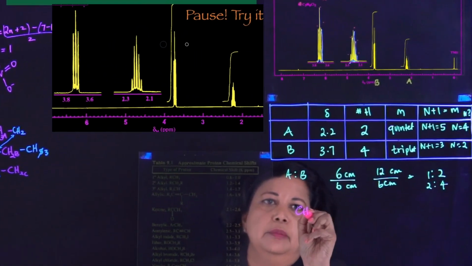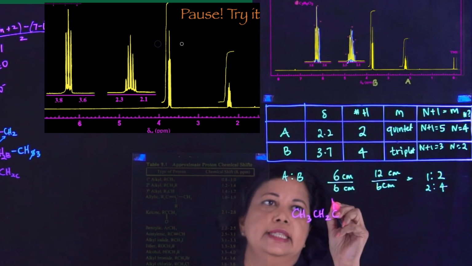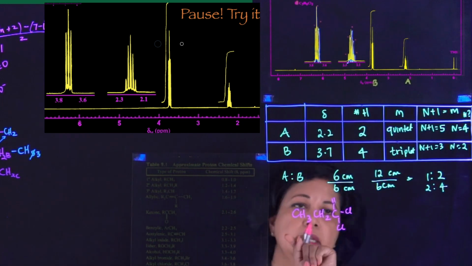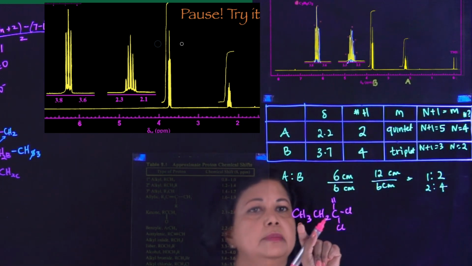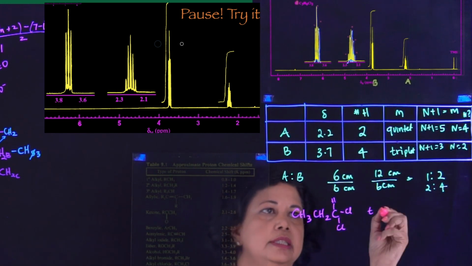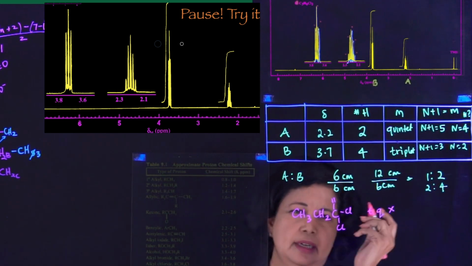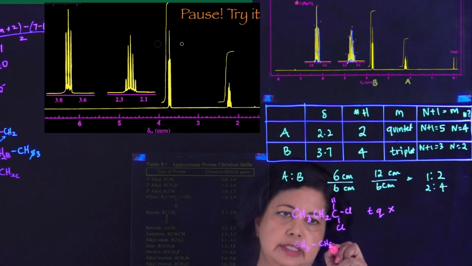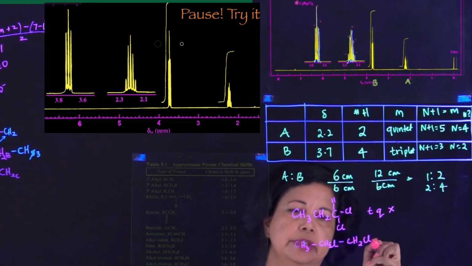Let's see, so we can put CH3, CH2 and CHCl2. Would this be correct? Well, if the 2 chlorines were on the same carbon, the delta value would be much higher. It would be somewhere above 5. Okay, so let's look at another possibility. Let's move the chlorine over here: CH3, CHCl, CH2Cl.